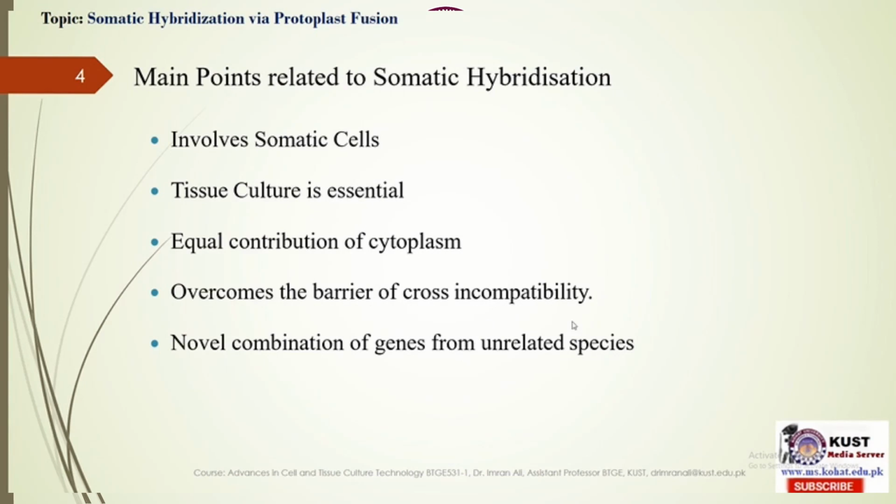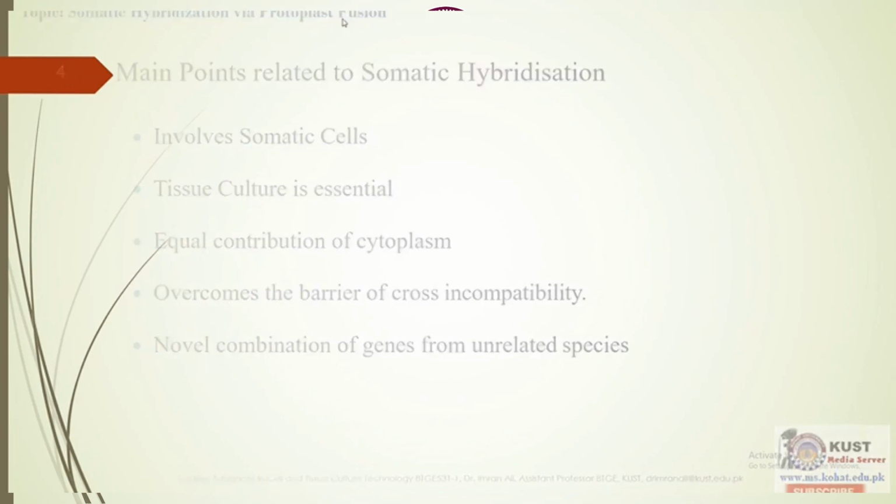So here you can see that it's a novel combination of unrelated species, in the sense that species which cannot mate under natural conditions can develop somatic hybrids through the process of somatic hybridization. That way we are expanding the gene pool by combining those unrelated species to produce a somatic hybrid.